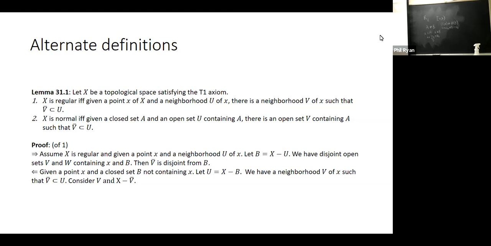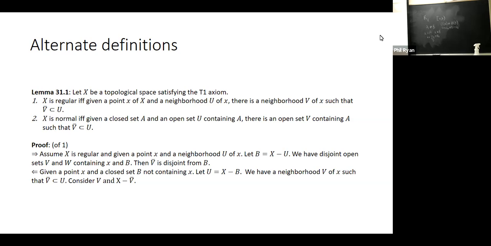Conversely, if we're given a point X and a closed set B not containing X, we look at U, which is X minus B. That's going to be an open set in X. And we have a neighborhood V of X such that the closure of V is in U, and so we've got V and X minus the closure of V. That's then two disjoint open sets.